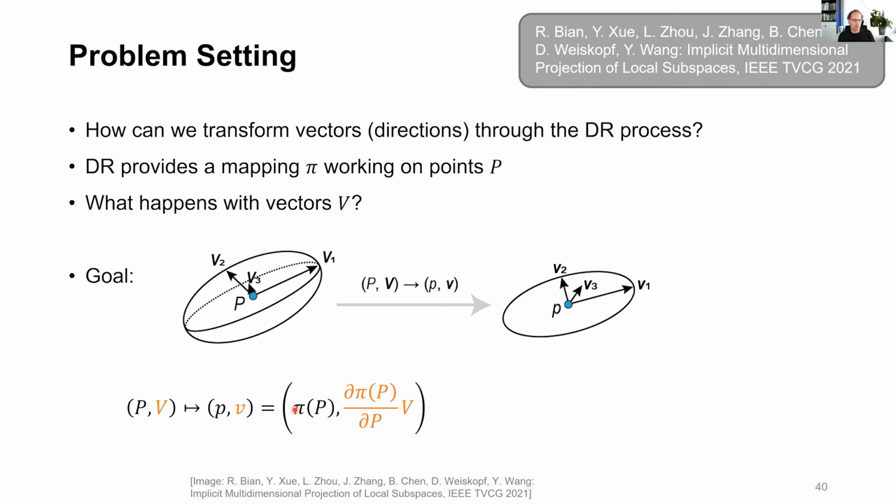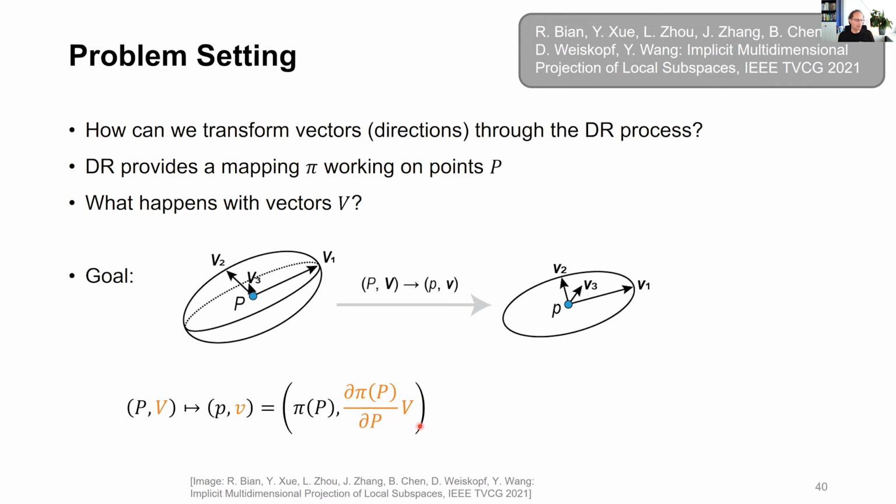This is just applying the mapping pi. And for direction information, you just need the first partial derivatives. So you take the first partial derivatives of this mapping with respect to the coordinates in the original space and apply them to the incoming vectors that are living in the high dimensional space. That gives us the vector direction after the application of the dimensionality reduction.